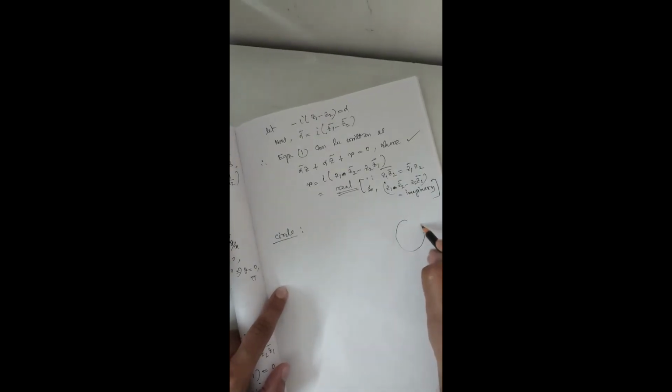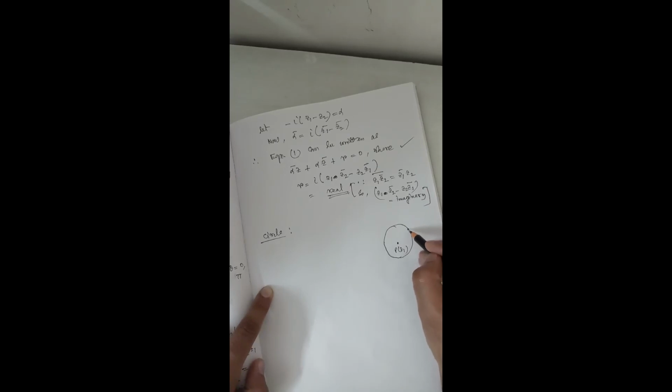Suppose here is a circle in the Argand plane, and P is its center, represented by a complex number z1, and take any point on its circumference. Suppose this point is represented by another complex number z. Now we are going to find the equation of this circle.